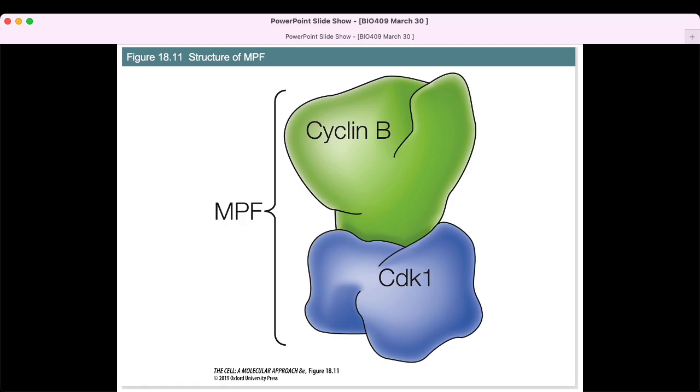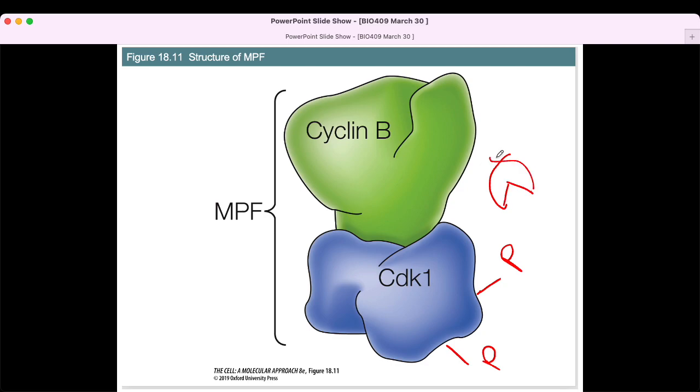The issue is going to be that it goes. In a healthy cell, everything's good. It just rolls forward, and it's on its way. In a healthy cell, there are these two inhibitory phosphates, and those need to get removed.